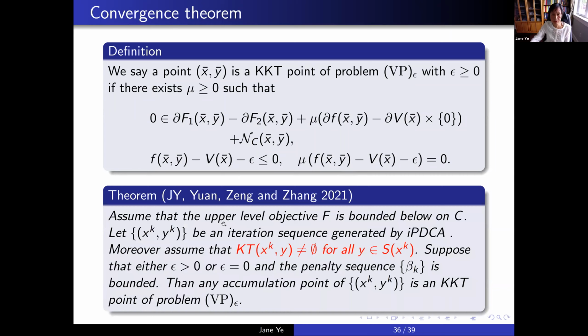In the convergence theorem, not many assumptions are needed. You don't even need to assume a constraint qualification for the lower level. You only need to assume the multiplier set is non-empty, okay? And then either epsilon is positive, or epsilon is equal to 0 but the penalty parameter is bounded.